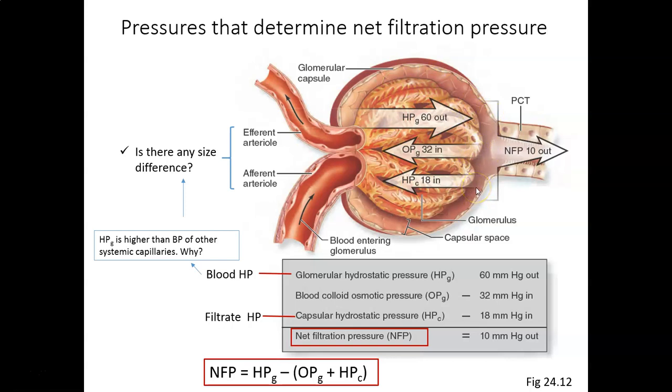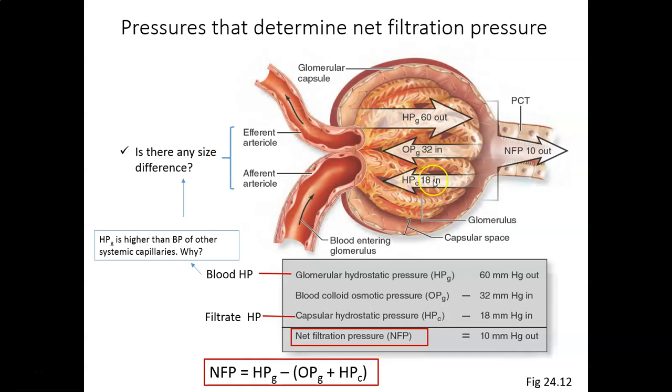In the capsular space, so therefore they exert a pressure pushing the fluid into the capillary, into the glomerulus. So that's HP, the hydrostatic pressure from the fluid in the capsular space, and it's indicated by HPC. C is for capsular hydrostatic pressure.